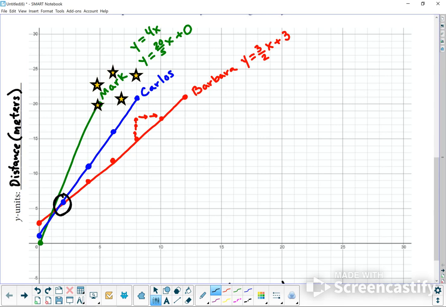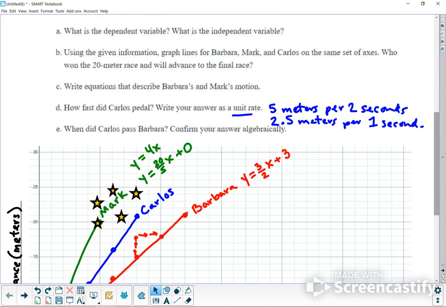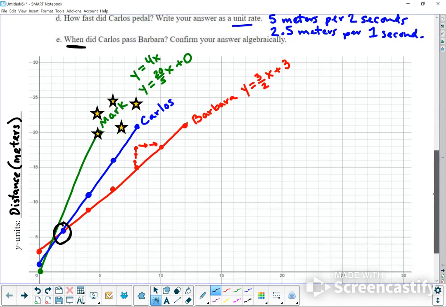Because you see Carlos in blue, Barbara in red, they both meet each other right there. Okay, my Barbara line is a little bit off, but right there. So they meet each other there at 2 seconds, 6 meters down the line. So it says, the question, you got to read between the words, right? It says, when did Carlos pass Barbara, right? So Carlos passed Barbara at 2 seconds or after 2 seconds.